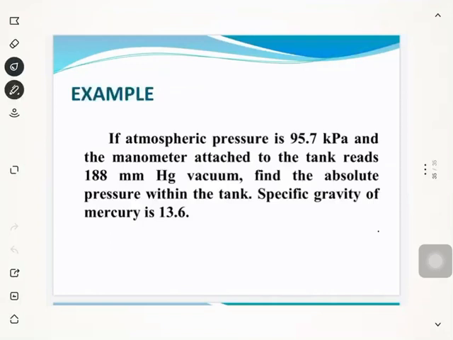So example number 2. In order to have a better understanding, let's solve this one.